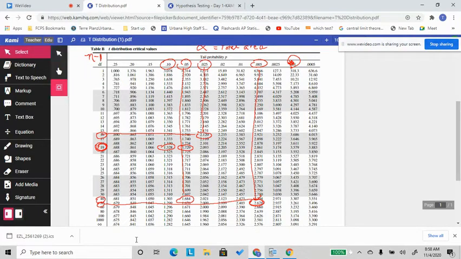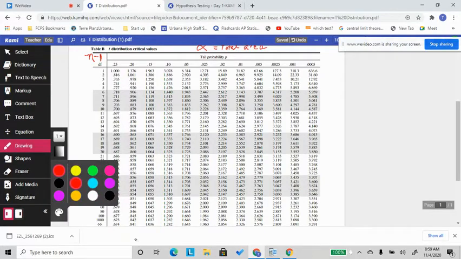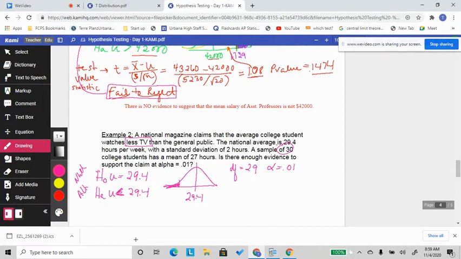I am going to clean this up. All right, so you're going to go to your t-distribution, and you're going to go down to 29 because our sample size was 30. And then the alpha level on this was 1%.